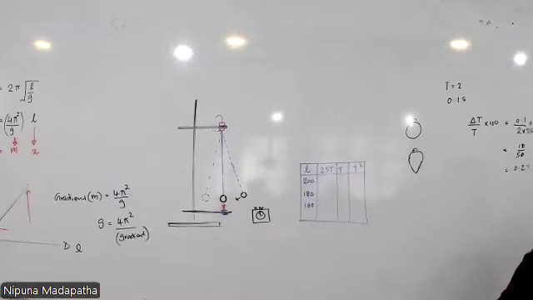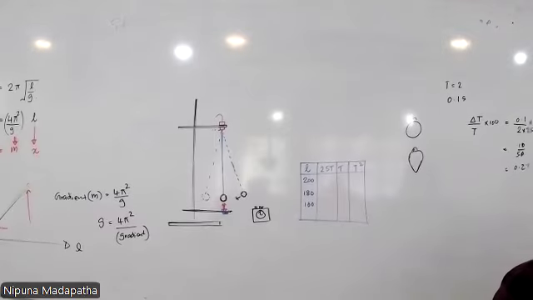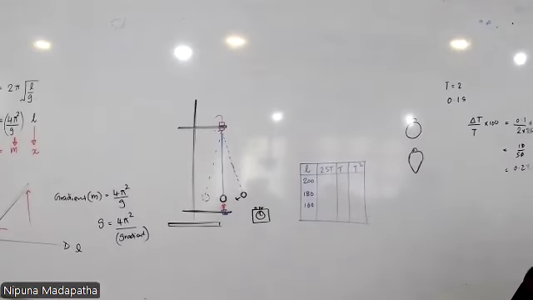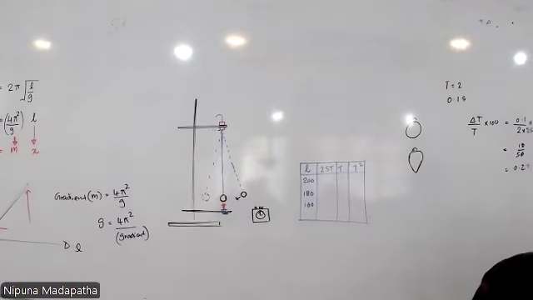Plot the graph T squared versus L. Calculate the gradient of the graph.